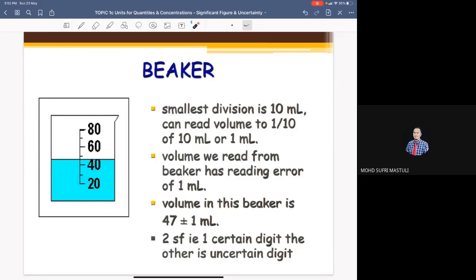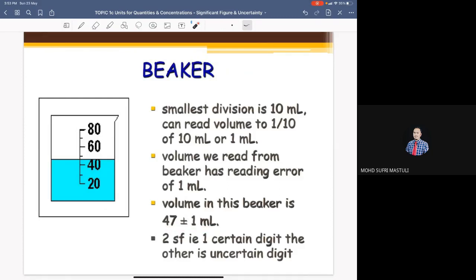Volume we read from the beaker has a reading error of 1 ml. So the volume in this beaker is 47 plus minus 1 ml.